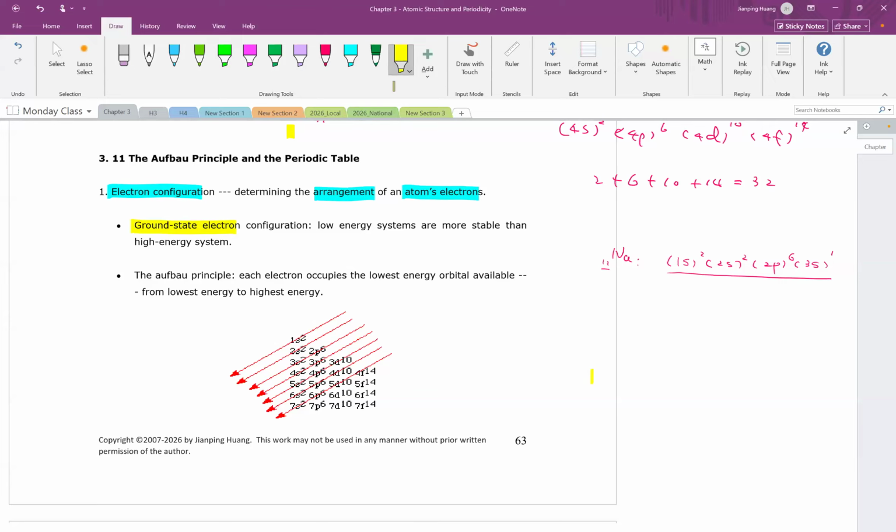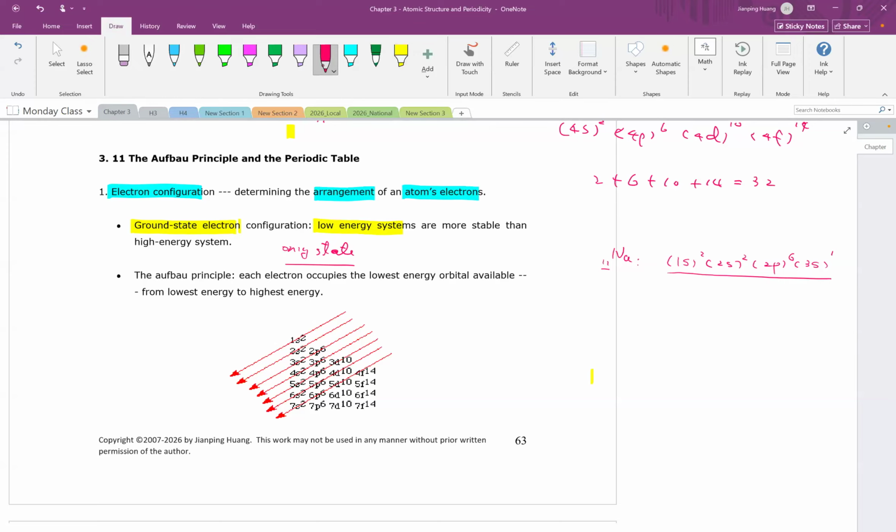So we assume electron configuration always is ground state. That's why, because energy is lower, ground state only has one state. Excited state has infinity.